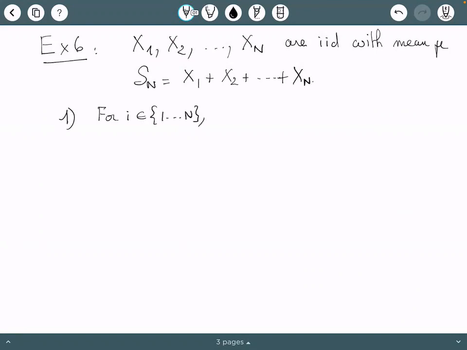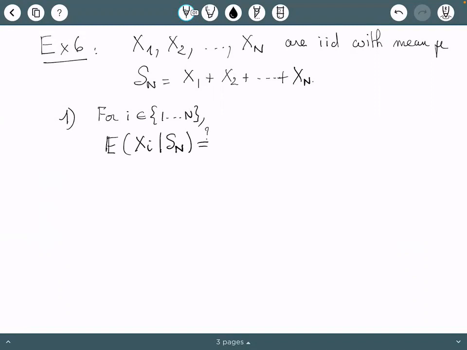We have to compute the conditional expectation of xi given Sn. I didn't mention previously, but of course all the conditional expectations exist if the random variables are integrable. For example, here this conditional expectation exists because the xi are assumed to have mean mu, so they are integrable.